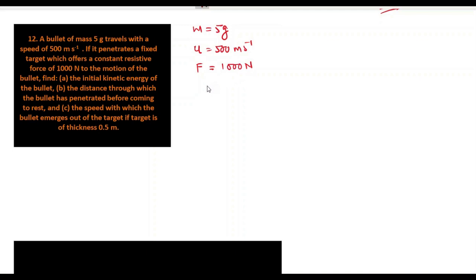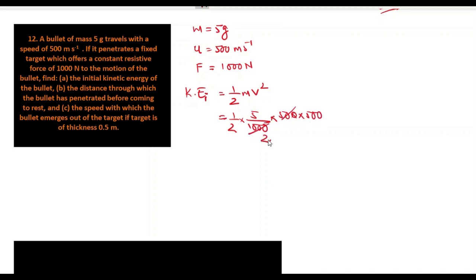Find the initial kinetic energy of the bullet. Okay, so kinetic energy initial is equal to half mv square, that is half into mass, 5 grams, so 5 upon 1000, I have to convert it into kg, right, multiplied by v square, or initial velocity, that is u square in this case, so 500 multiplied by 500.